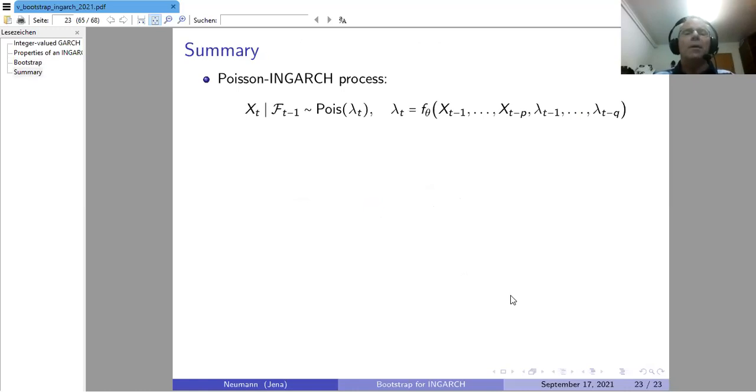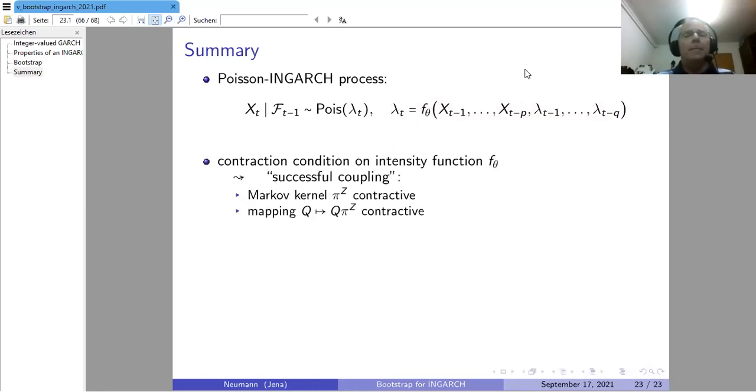Here's a short summary of my talk. My talk was or seems to be on Poisson integer-valued GARCH processes. I decided here for nonlinear versions of such processes. I have shown that a contraction condition on the intensity function f theta implies a contraction property of the Markov kernel, and also on the level of distributions we have a contraction.